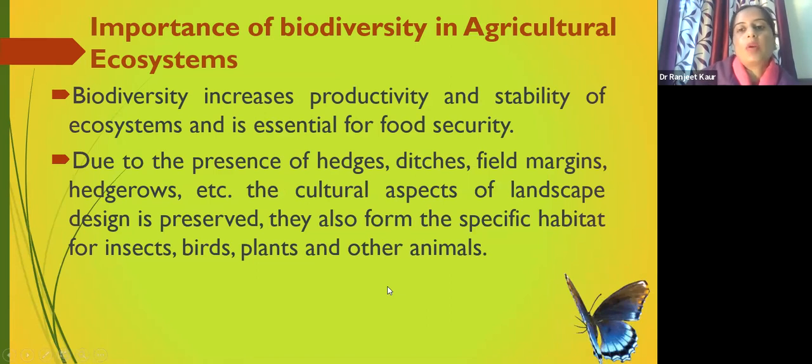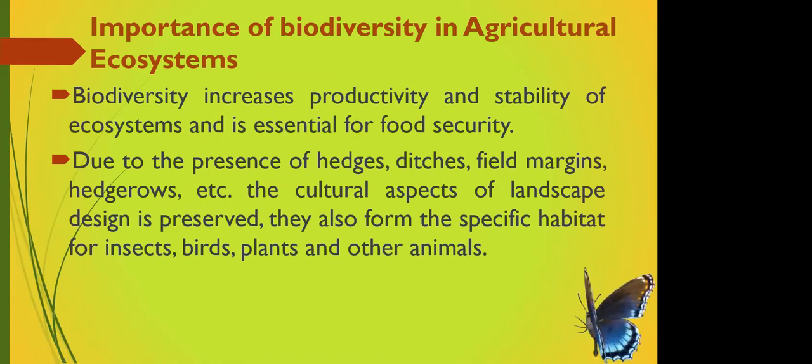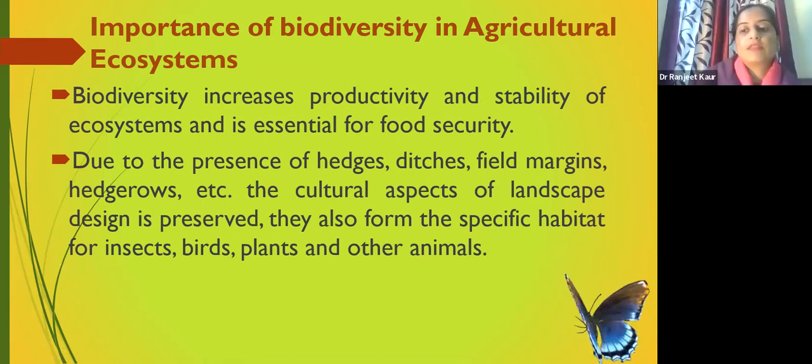So what is the importance of biodiversity in agriculture systems, ecosystem? Biodiversity is increasing the productivity as well as stability of ecosystem due to the presence of hedges on ditches, field margins. The cultural aspects of landscape design is preserved, and they also form a specific habitat for insects, birds, plants, and other animals.